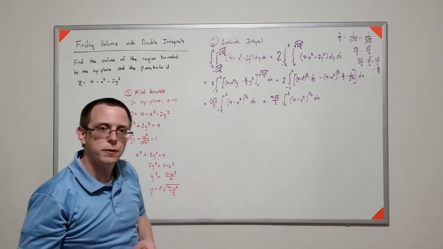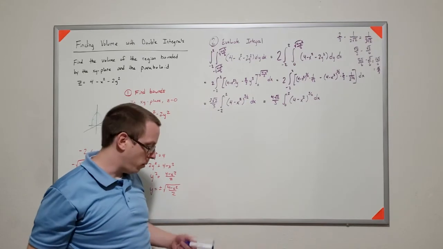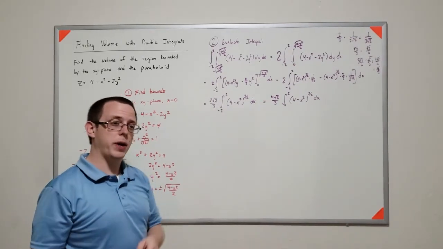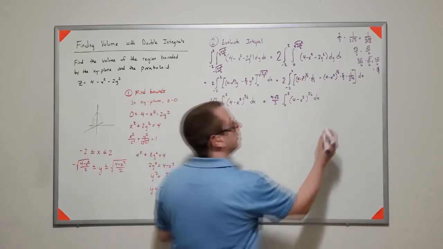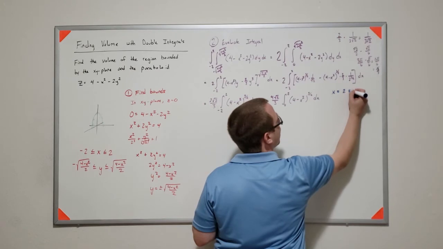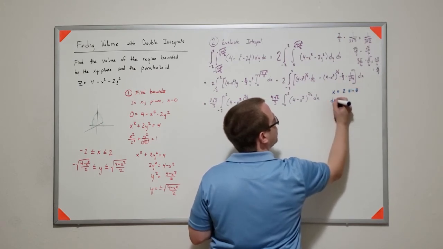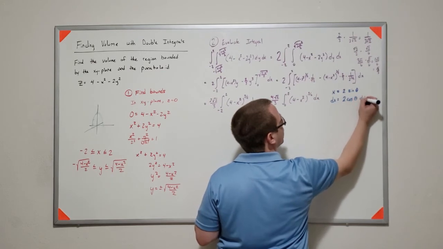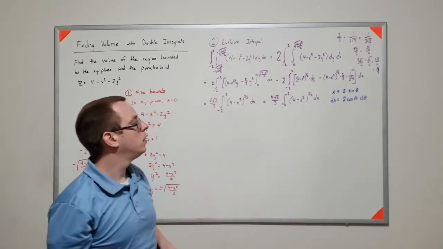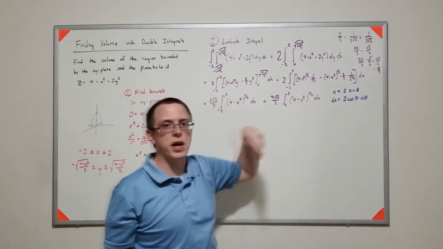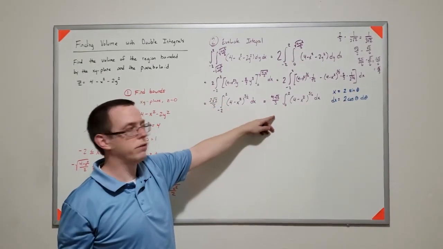I'm going to change gears for a moment. We're going to do a trigonometric substitution. We're going to say x equals 2 sine theta, so dx is 2 cosine theta d theta. When x is 0, theta must be 0 because sine of theta is 0.